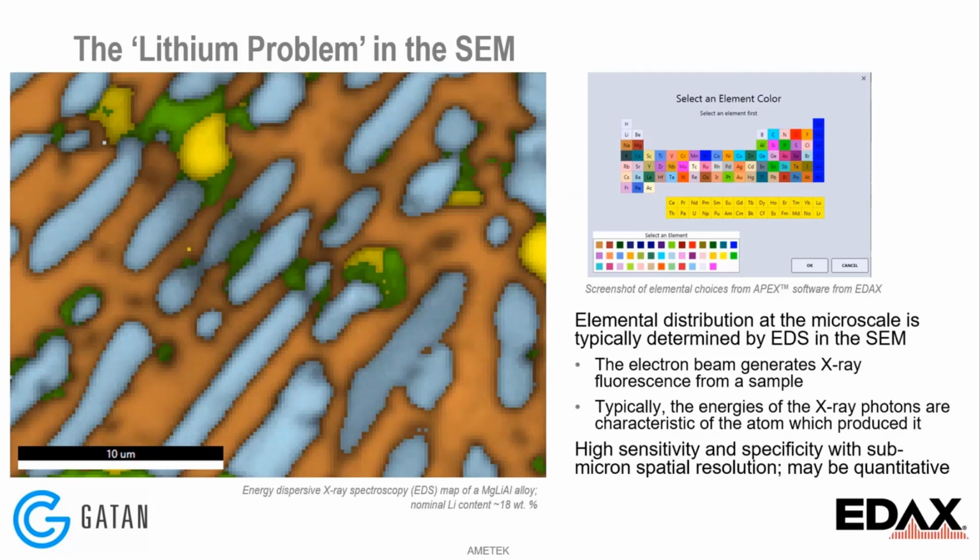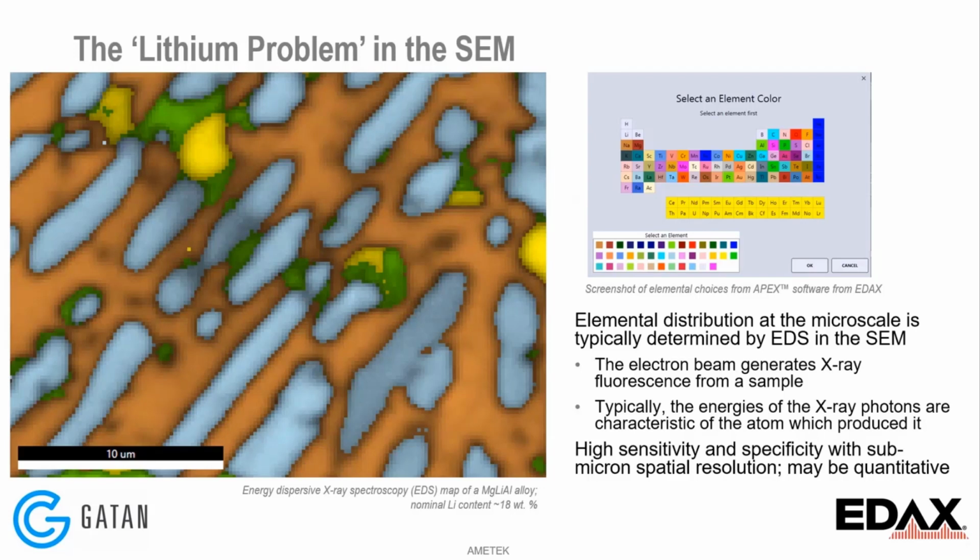Now, elemental distribution in a material or a device at the microscale is typically determined using a technique called energy dispersive spectroscopy, so EDS. And in this technique, the electron beam of an SEM generates an X-ray fluorescence from a sample.